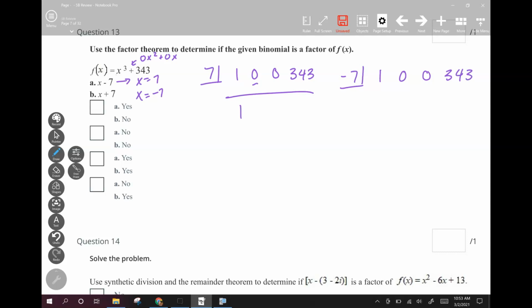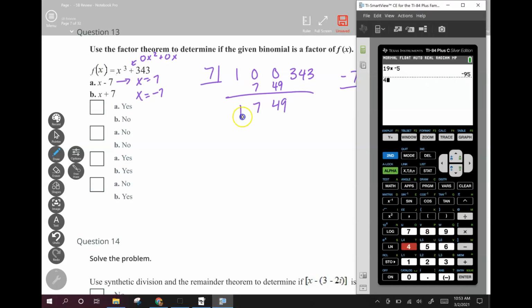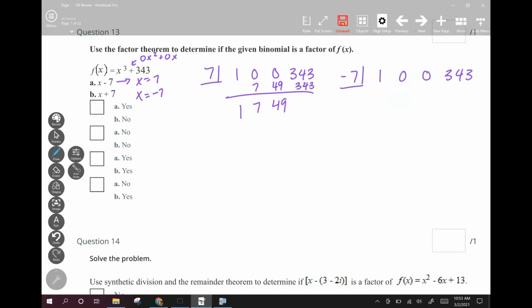Okay, so 1, 7, 7, 49, 49, and let's see what 49 times 7 gives me. 343, which does not come out to 0 because we're adding, right? That's 686. So no for part A.